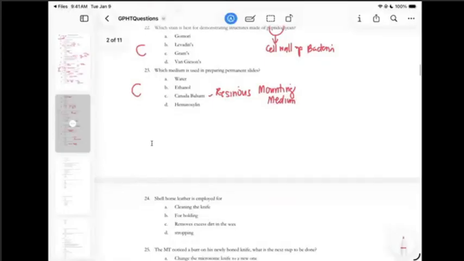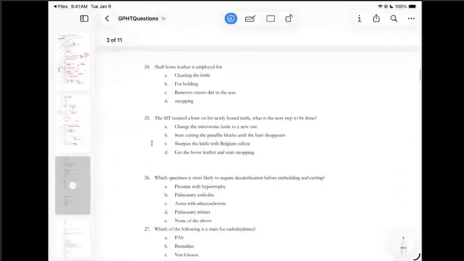Number 23, letter C. Number 24, so shell horse leather, so is employed for polishing. So pag polishing, removal of the nick, removal of the burrs. So polishing, no? Remove the burrs, no?